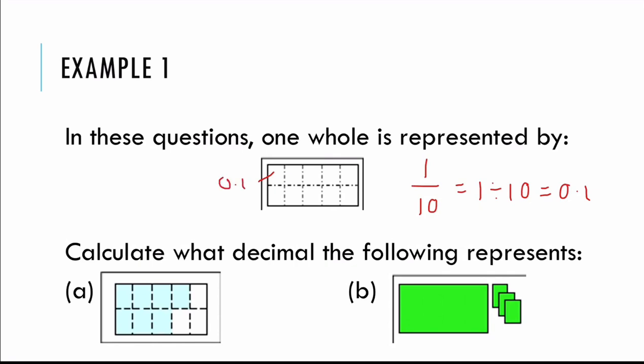So if I have 1, 2, 3, 4, 5, 6, 7 of those coloured in, that means the decimal represented here is 0.7. In part B, we have 1 whole bar, so that is 1 unit, and we have 3 tenths here, so 1.3 is what's represented here.